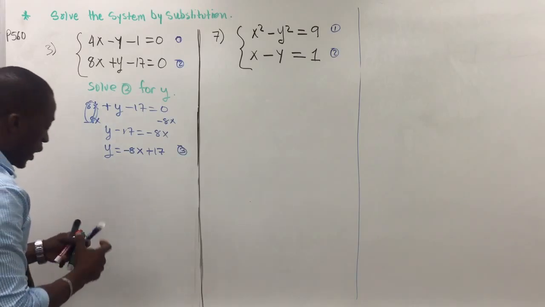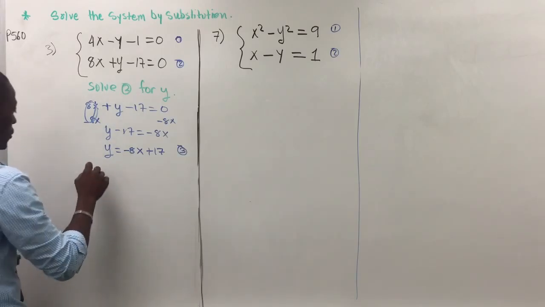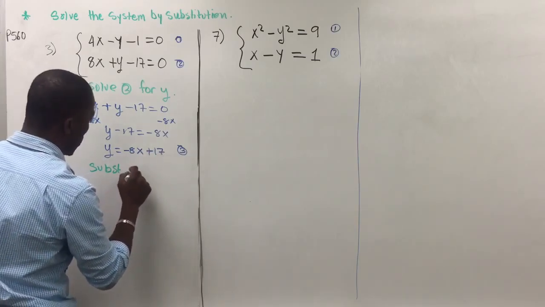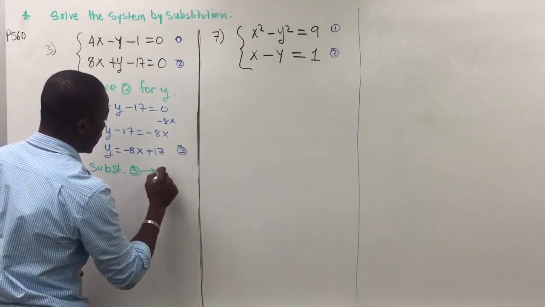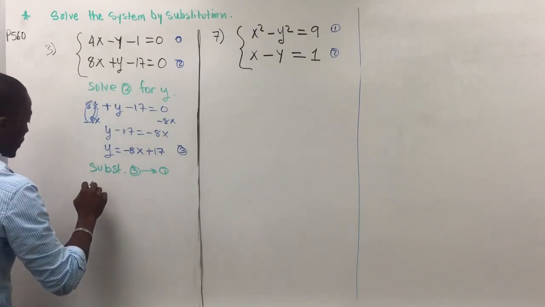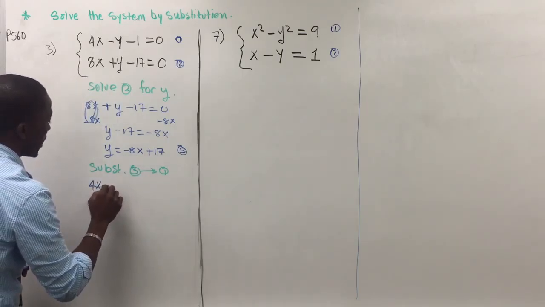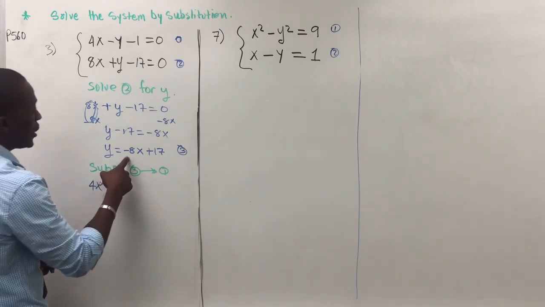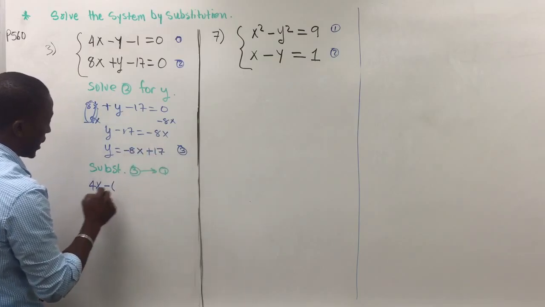So we'll abbreviate this: substitute equation 3 into equation 1. By doing this, we'll have 4x minus, and if you're subtracting, you want to put both terms inside parentheses.